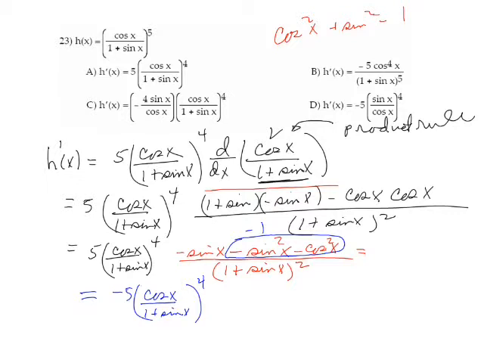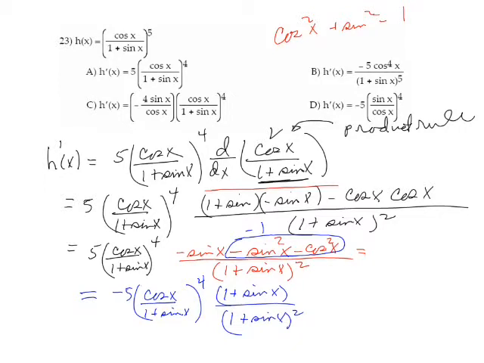And the denominator up here is going to be 1 plus sine of x, because we had factored minus 1 out. The denominator still has 1 plus sine of x, quantity squared.